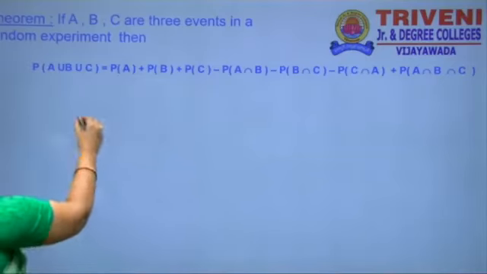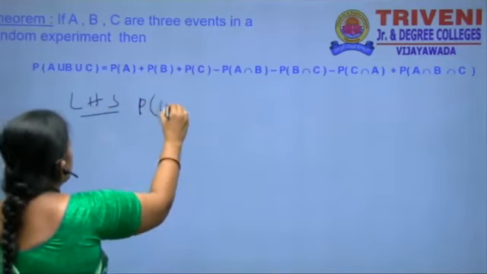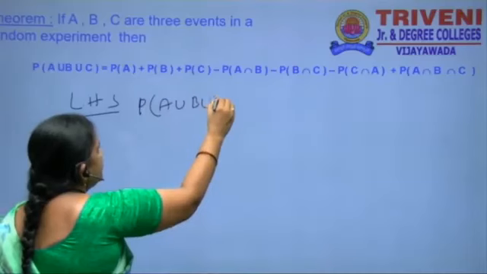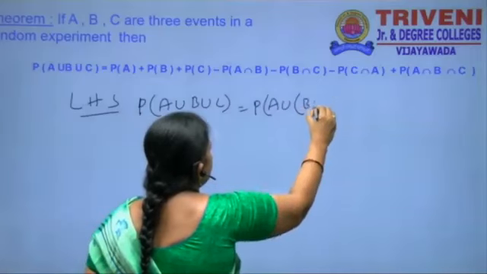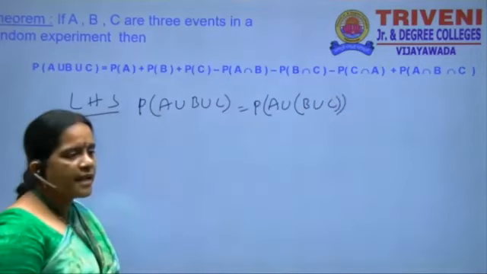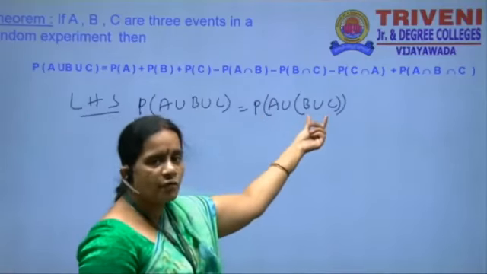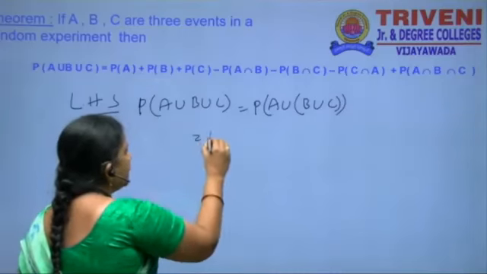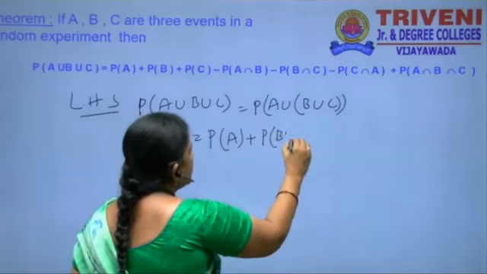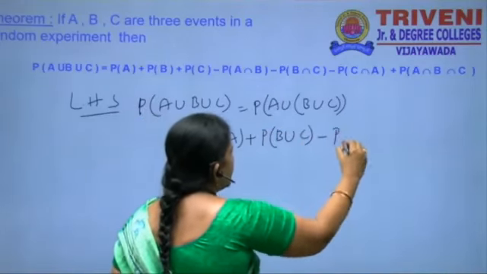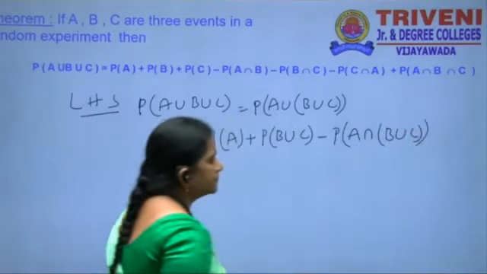We take the LHS part here: P of A union B union C. This can be written as P of A union (B union C). By using the addition theorem on probability, with B union C in place of B, we write it as P of A plus P of B union C minus P of A intersection (B union C).